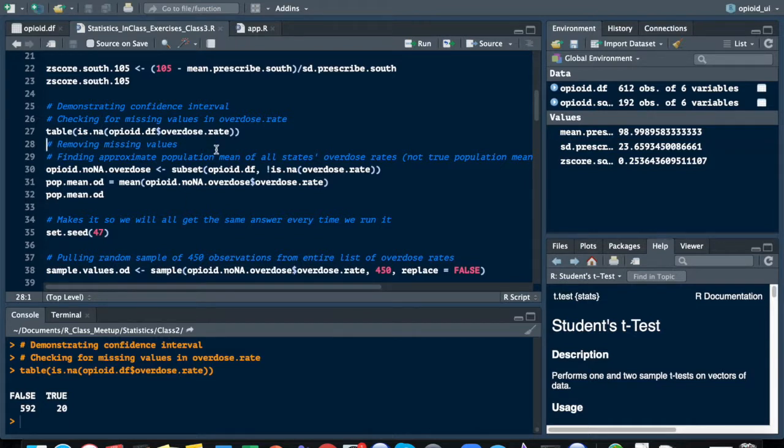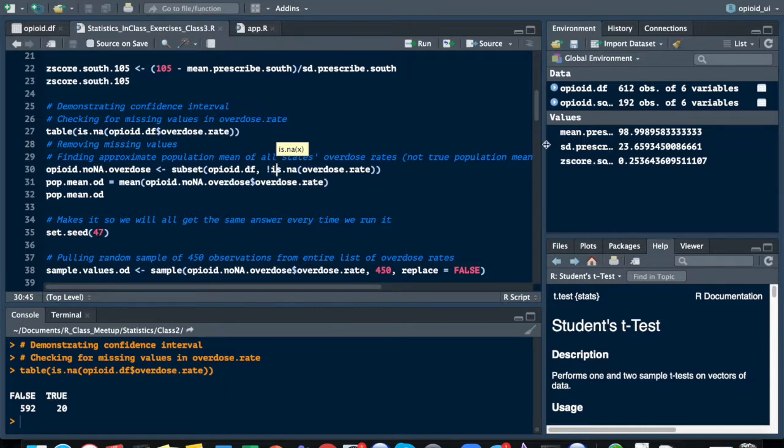So, well, it makes it easier. That's all that's doing. So the population mean will be the mean of the entire group. Because we're missing values, this is a sample, but using everything will be as close as we can get to a population mean. And I want to just show that as an example.